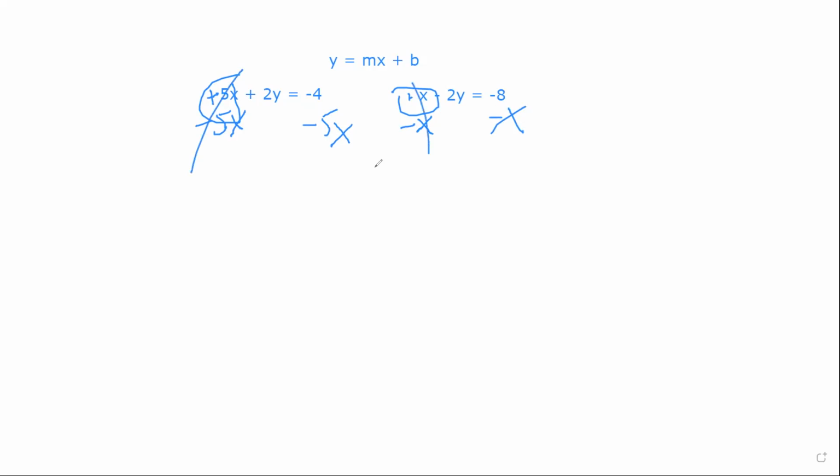So now our x terms are canceled. And because I know I'm going to slope-intercept form, I'm putting the x term immediately after the equal sign: negative x minus 8.